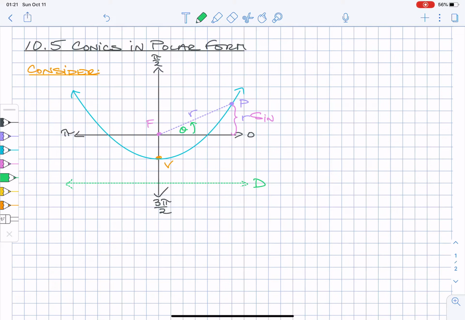All right. And then let's call the distance to the directrix from the polar axis. Let's call this distance little d.